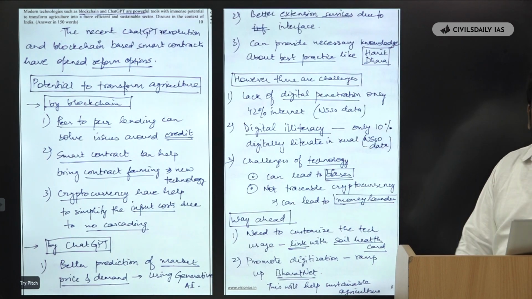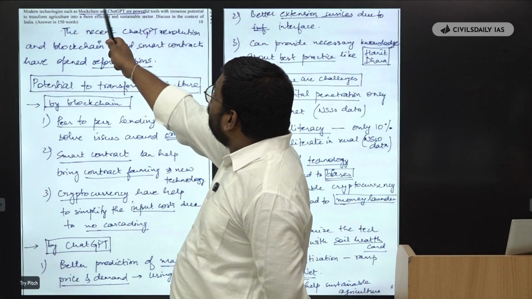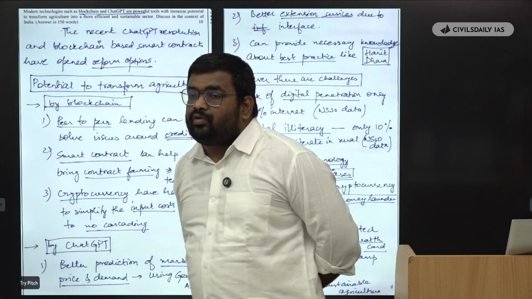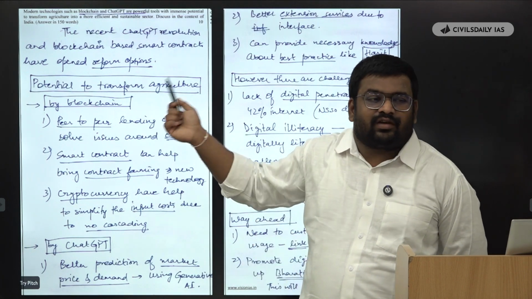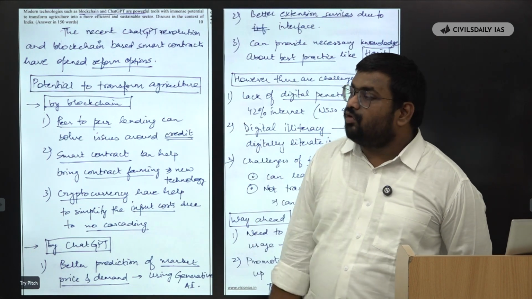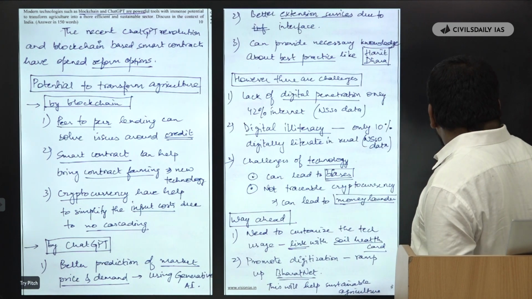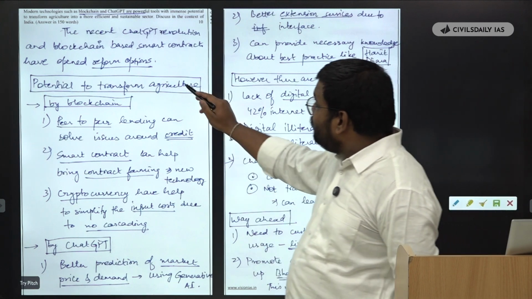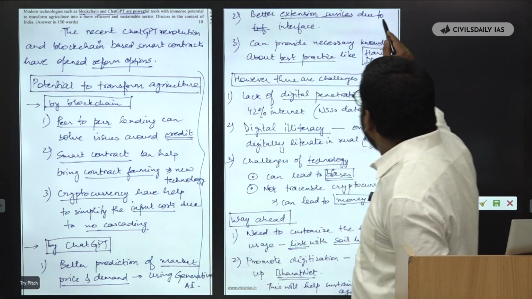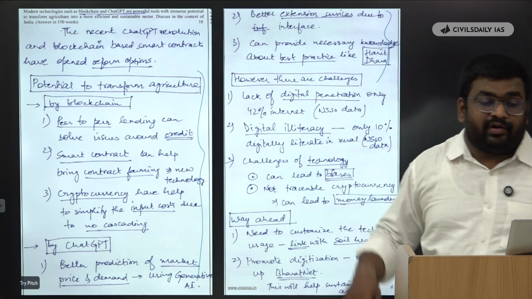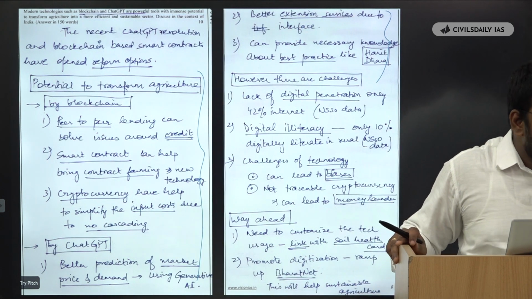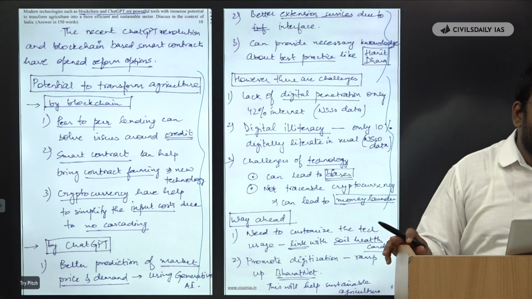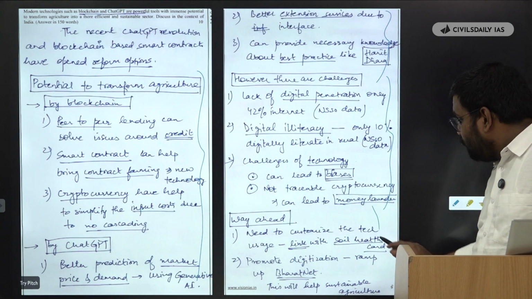Of Aditya. Here the statement is unidirectional, where they are saying modern technologies such as blockchain, ChatGPT have potential to transform agriculture. It is a unidirectional statement. Basically, they are just asking the significance of it. So there he has followed the 70-30 approach, where the maximum weightage is going to the potential. He has talked about it in 6 points. You can go for 8 points also, 4 points each, and then just 30% of the weightage, or just 3 points for the issues, and then just 2 way forwards.